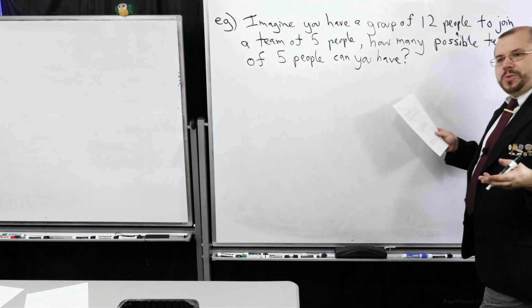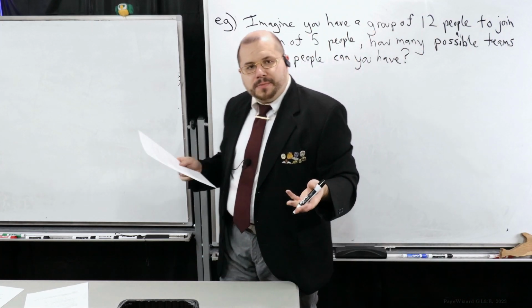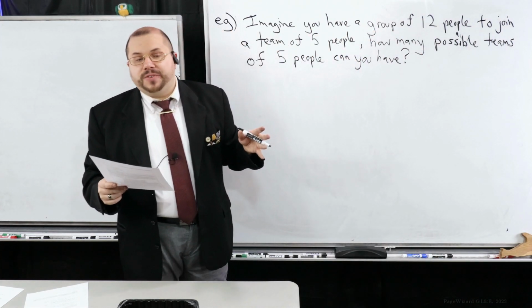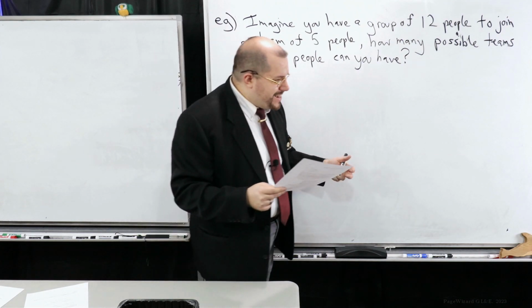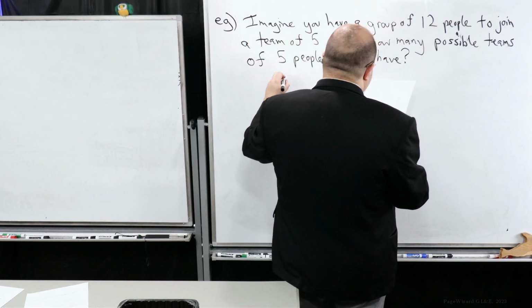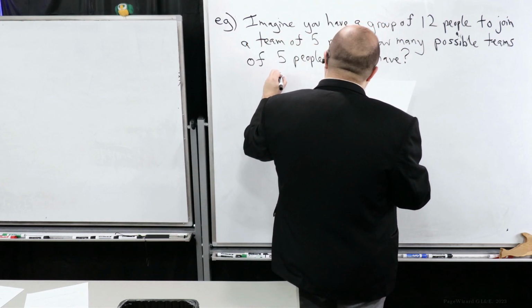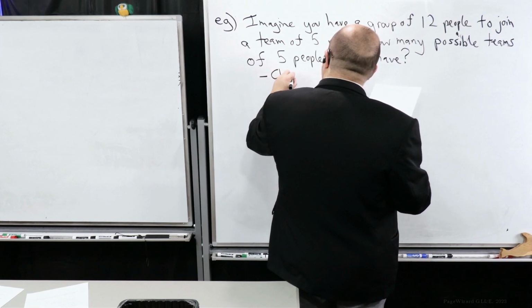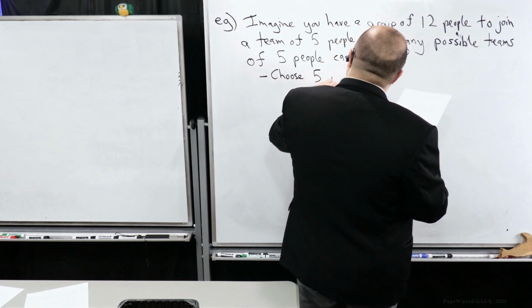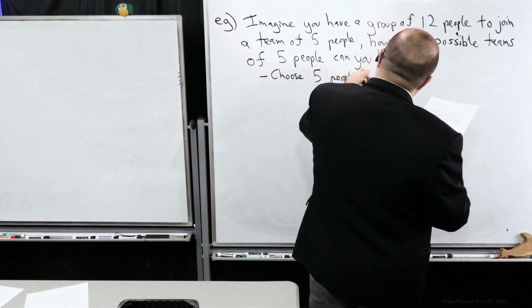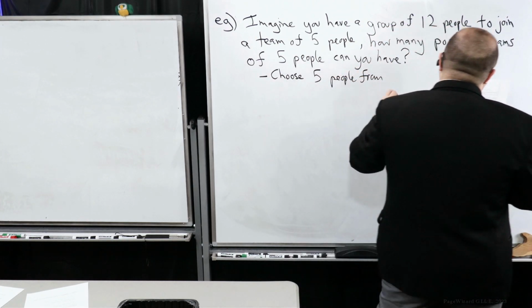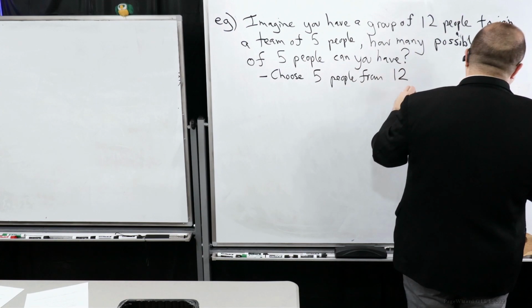Well, we have 12 people we could choose from, but we need to choose 5 of them for the team. Quite naturally, what we do is choose 5 people from 12.